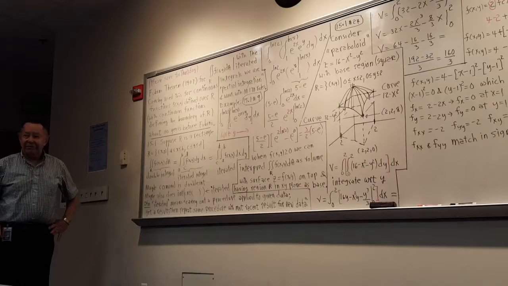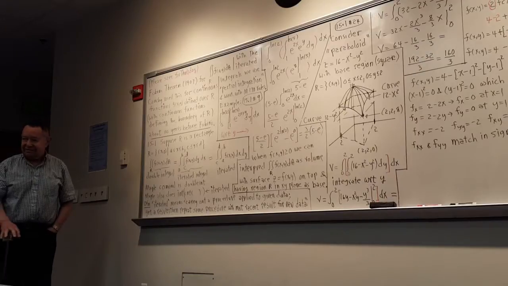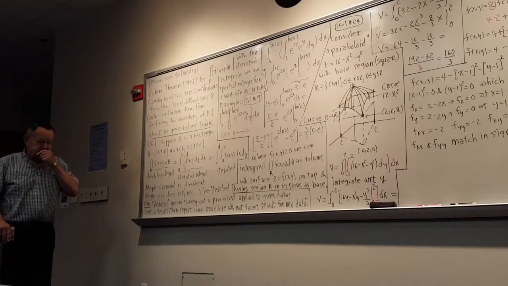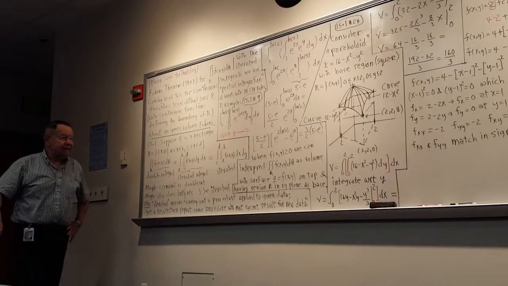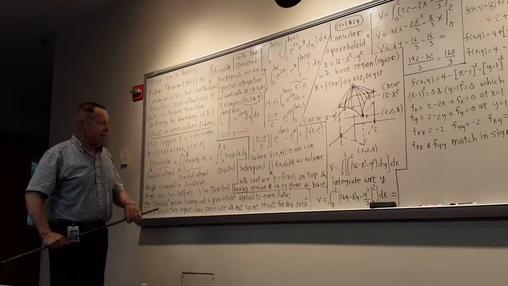And in the reverse order, you may not be able to do it. In theory, the answers have to be the same because it's the same double integral. But in the practice of using the tricks of Math 170 and Math 175, there may be a big preference for one order over the other. And that's the kind of thing we'll pursue tomorrow.